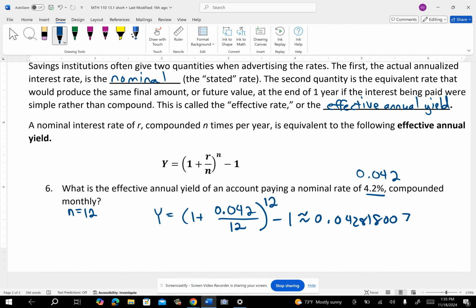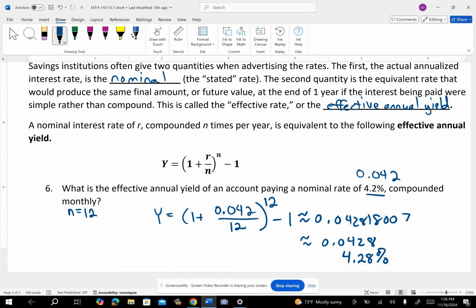Typically you'd round that a little bit, so it turns out to be 0.0428. Changed into a percent, that's 4.28%. So a nominal interest rate of 4.2% compounded monthly would be equivalent to a simple interest rate of 4.28%, where they just calculate the interest at the end of 1 year.